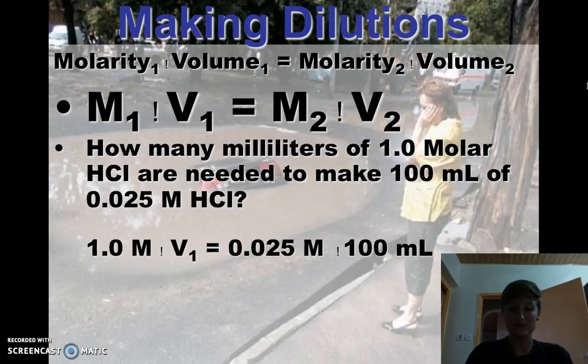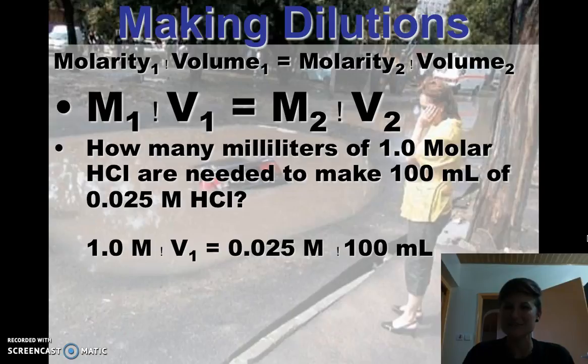Hopefully you set up your problem like below. So you have your initial molarity, which is 1, but we don't know what V1 is. That is what we're looking for. And so then you set up your second molarity multiplied by your second volume, and basically what that equals is multiply these two together and then divide it by 1, which in this case is kind of redundant, okay?